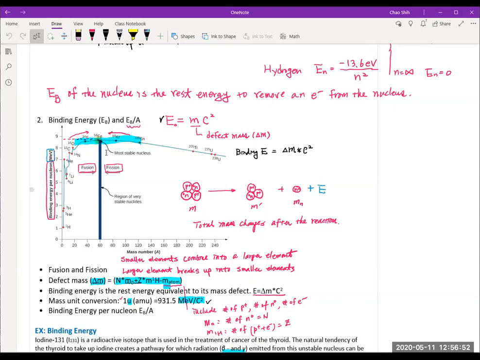The most stable element is iron-56, and that is the blue line that you see on this graph. We have two kinds of reaction, fusion and fission. Fusion is when you combine smaller things into larger things. Fission is when you break down things into smaller things. What kind of reaction do we use for nuclear power? Is it fusion or fission?